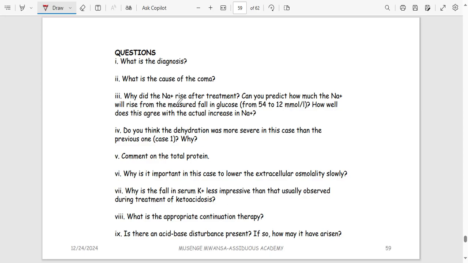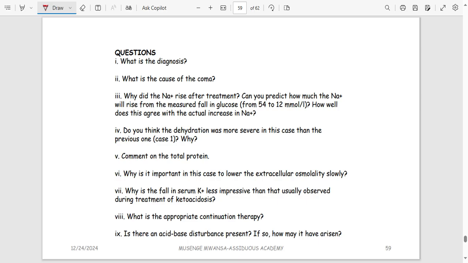Why did the sodium rise after treatment? Can you predict how much the sodium will rise from the measured fall in glucose? The glucose had to drop from 54 to 12. How well does this agree with the actual increase in sodium? First, why did the sodium rise after treatment?